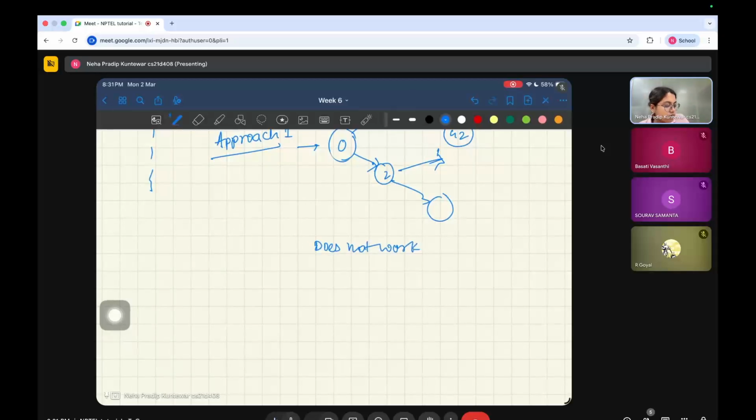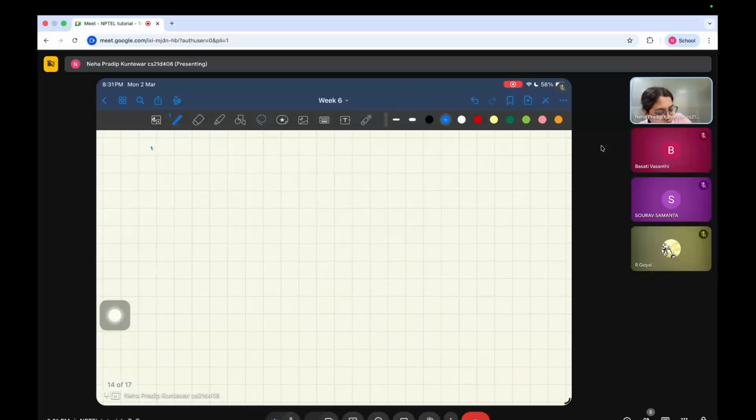But what will work for us is what are called configurations. So what are configurations? It's basically a snapshot of a Turing machine at a given time instance.